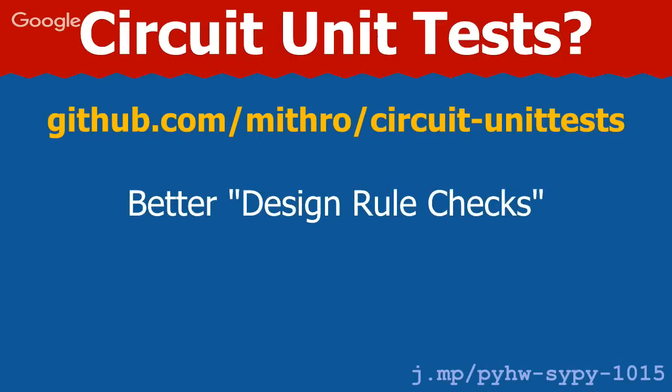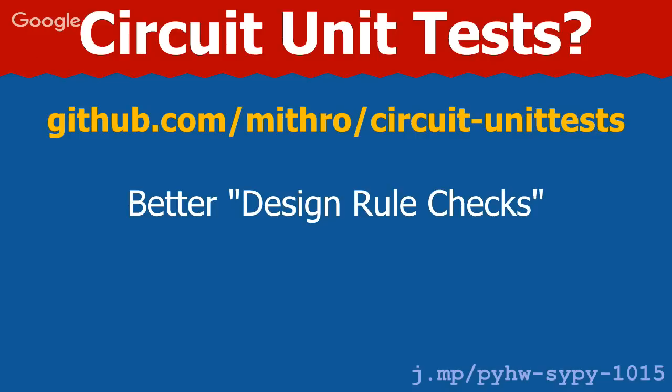I've also been developing the idea of circuit unit tests. It turns out that there are a lot of things in hardware that you shouldn't do, i.e., you shouldn't connect your power rail to ground and try and short that. But there are a lot more complicated things, like high-speed signals shouldn't be routed near low-speed signals. They should be the same length, things like this.